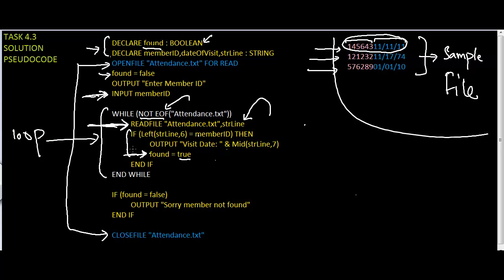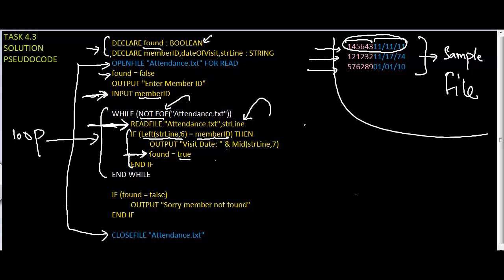Then we are trying to find out whether this particular line has the member ID that we were interested in, because remember, the member ID was input by the user. So we're using this if condition to determine whether the member ID that was input by the user has been found in the line. Remember, in our line, the first 6 characters were the member ID.